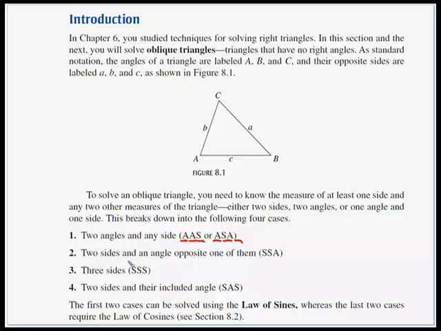Or we might have two sides and the angle opposite one of them, side-side-angle. Again, that's the one that did not work in geometry, but in this class we'll solve for both possible solutions. These two are solvable with the law of sines. In the next section, 8.2, we'll cover the law of cosines, which covers cases 3 and 4 here. The third one is three sides, side, side, side, or two sides and the included angle, side, angle, side.